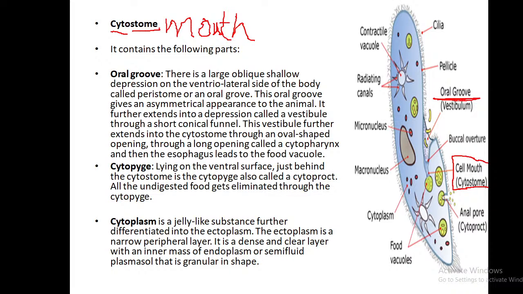Groove means a depression on the ventrolateral side of the body. This is what is called the oral groove. This is also called peristome, or the oral groove. Then this oral groove leads into a depression or a conical region. Through this oral groove, paramecium feeds on bacteria.